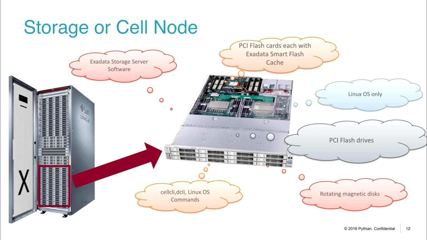This is not managed with Solaris. It has also the rotating magnetic disks, and we have a little bit different commands as well to manage the storage cells, which are CellCLI, DCLI, and obviously, as well, Linux operating system commands.